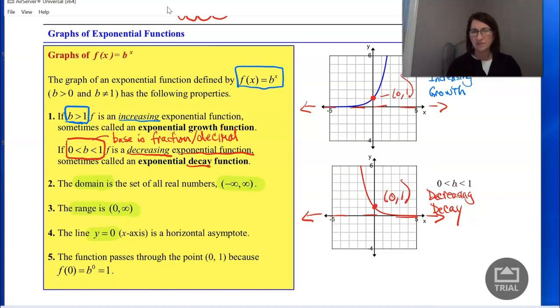Well, if you've got your function f(x) equals b raised to the x, and you put a 0 in for that x, any base raised to the 0 power is going to give you 1. So that's why y is equal to 1 when x is equal to 0.